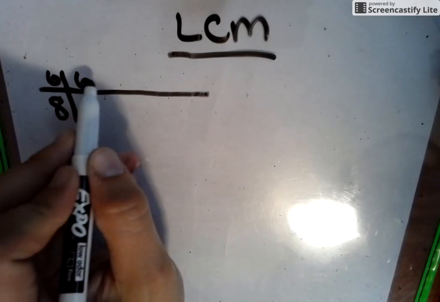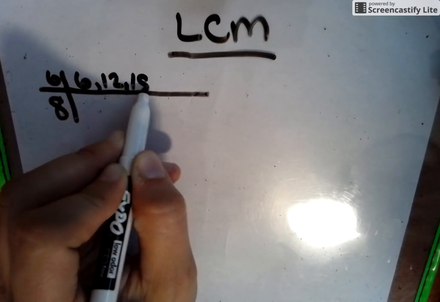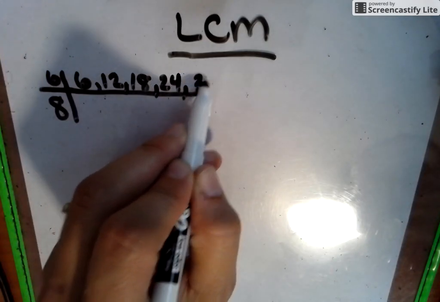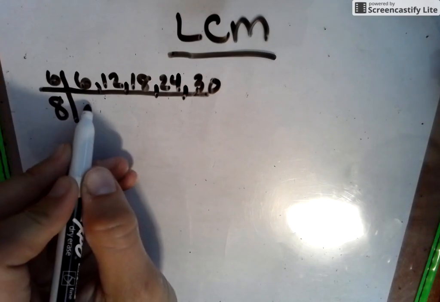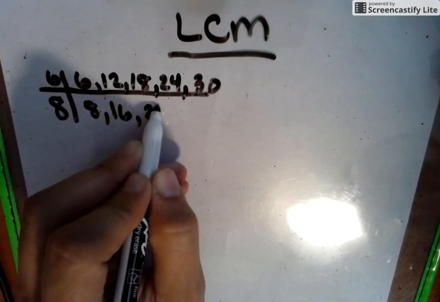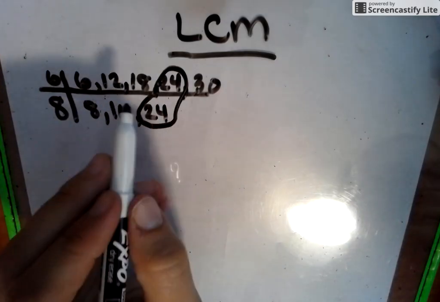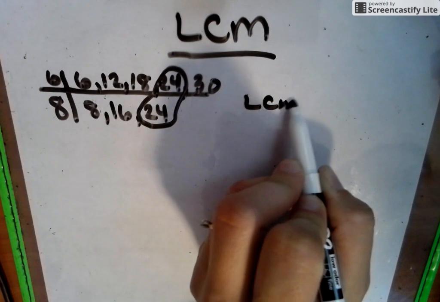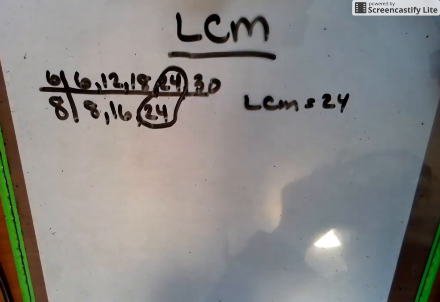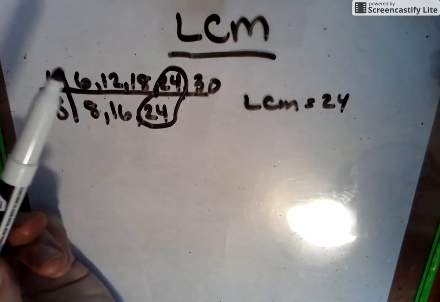Like 6 times 1 is 6, 6 times 2 is 12, 6 times 3 is 18, 6 times 4 is 24, 6 times 5 is 30, and then 8 times 1 is 8, 8 times 2 is 16, 8 times 3 is 24. And I noticed that, oh, I have a match. So my least common multiple of 6 and 8 is 24. This is pretty much what it is.